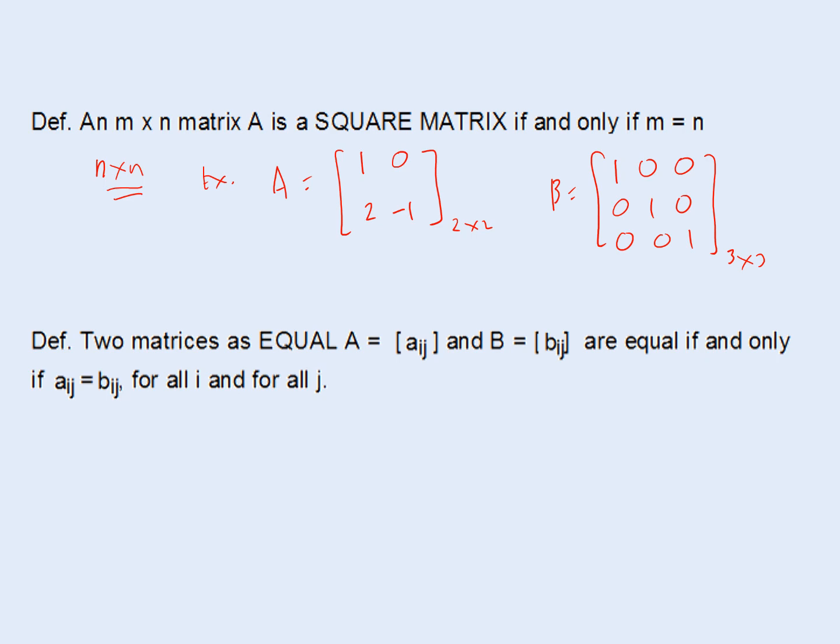Two matrices are said to be equal if and only if aij is equal to bij for all the i's and for all the j's.